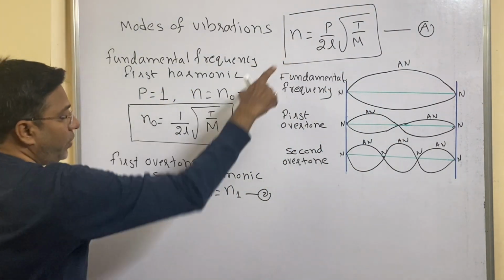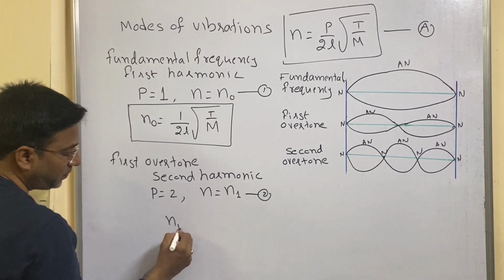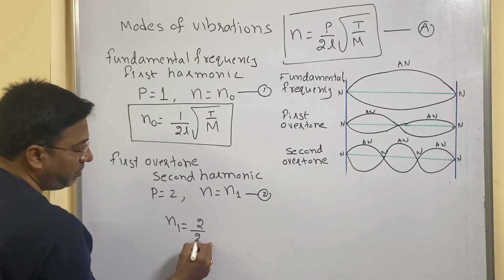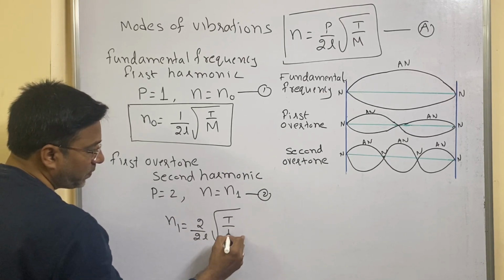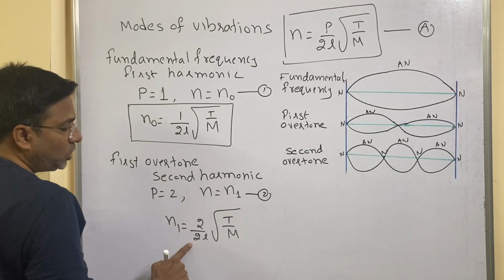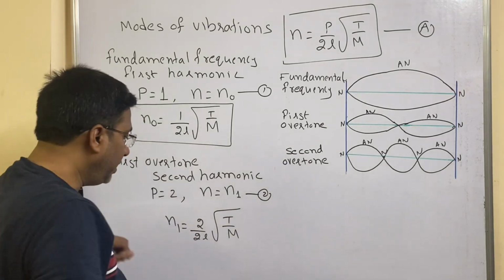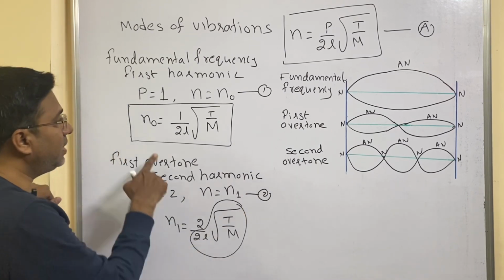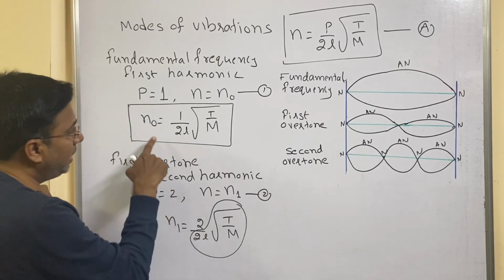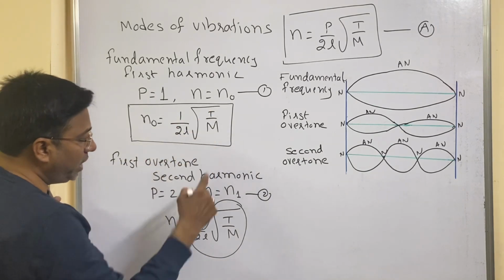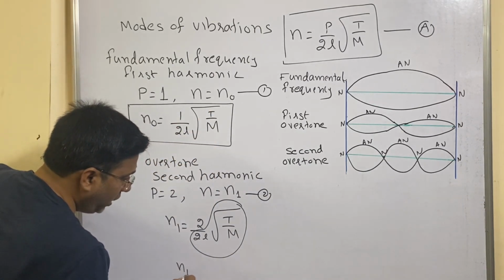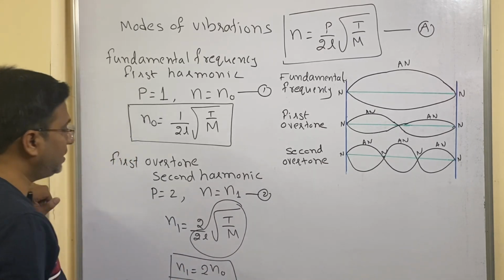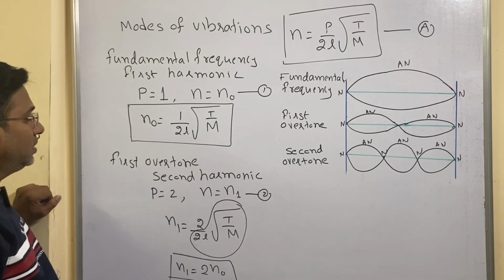In place of n, we write n1. In place of P, I can write 2, and the remaining terms as it is. So n1 equal to 2 by 2L under root T by M. Here, this value we will replace with n0, because n0 is equal to 1 by 2L under root T by M. Therefore, n1 equal to 2 n0. So this is the second case, that is, the second harmonic.